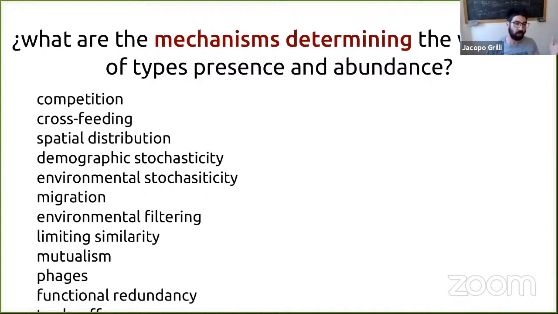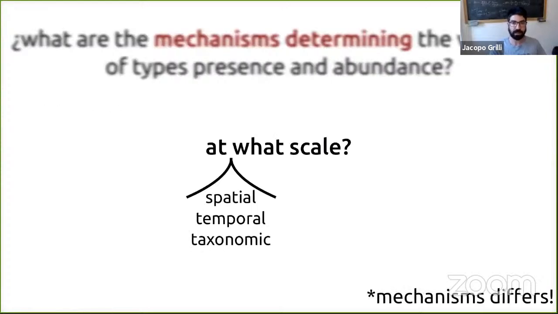So the question I want to try to understand here is, can we have a quantitative understanding of how much they affect the variation we observe, and what are the relevant observables to understand this effect? Now, one important caveat to this is that there is no universal answer to this question.